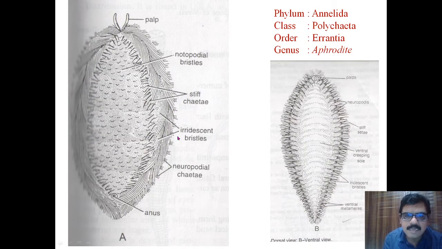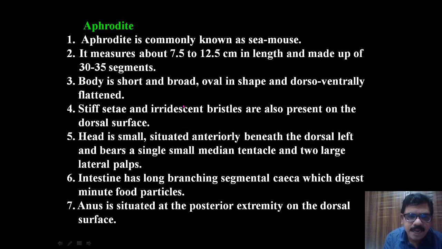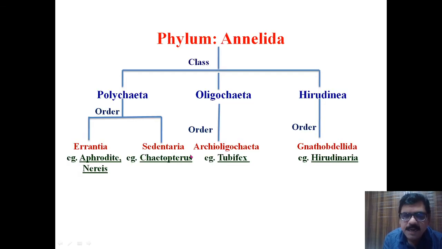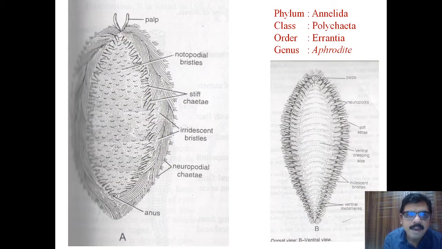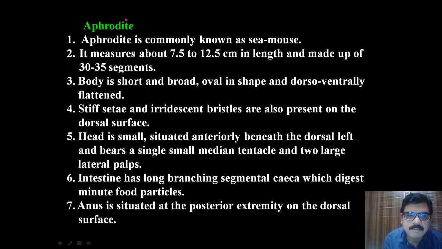These are the iridescent bristles and the stiff chaetae. Then the head is small, situated anteriorly beneath the dorsal felt, and bears a single small median tentacle and two large lateral palps.